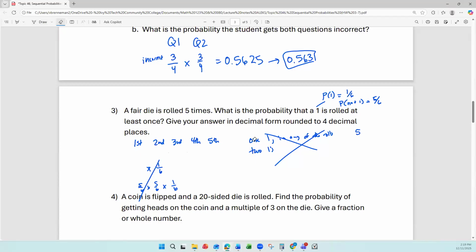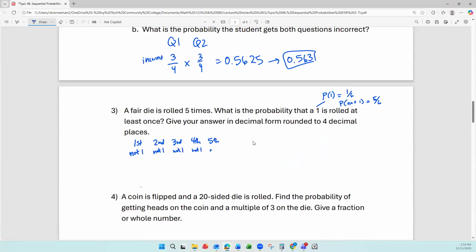So going back, we have our 5 rolls. If all of them are not 1, that's the only situation that doesn't. So probability 1 rolled at least once, or let's do it this way.